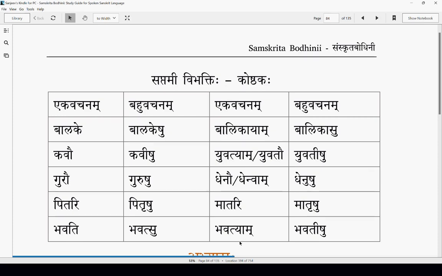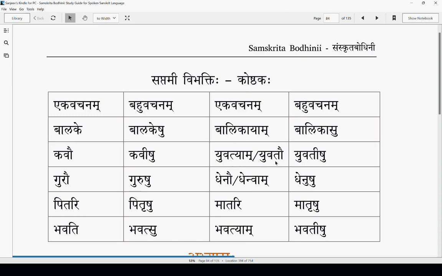Similarly, coming to the Strilinga side, we have balika, we already saw, like shayya, shayyayam, balikayam, bahuvachanam, balikasu, yuvatyam. So here, this is hraswa ikaranta yuvati shabda, like mati shabda, or bhakti shabda. So they are all hraswa, short i, ikaranta shabda.